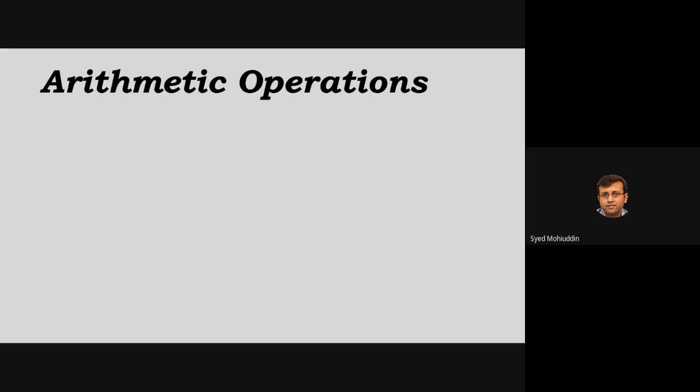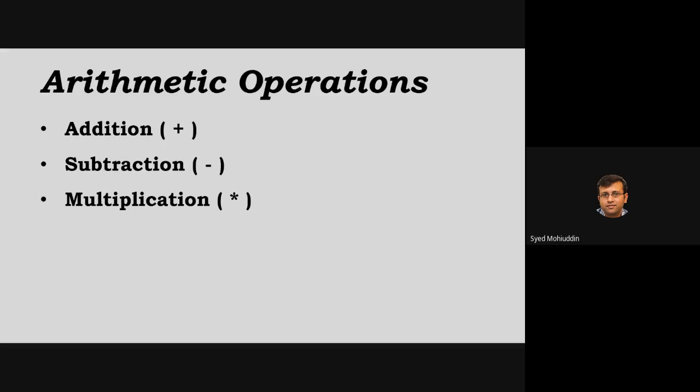Okay, let us talk about the arithmetic operations. We have the usual addition operation, which you all know, a subtraction operation, a multiplication operation, and the division operation. Remember, in addition, subtraction, multiplication and division, you are operating on two operands, so they are binary operators.